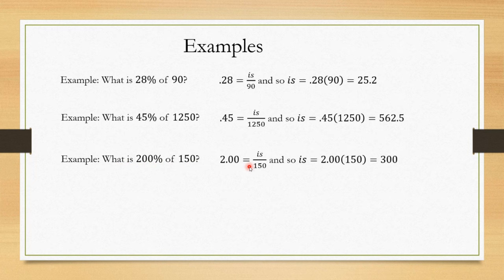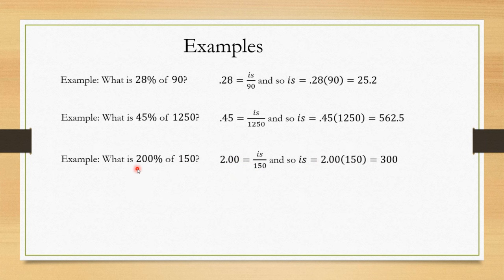So from here, what do we get? We have our is, we cross multiply just like before. 2 times 150, which is 300. This is interesting in that 200% of something is actually twice the amount. 100% of something means you have the amount itself.